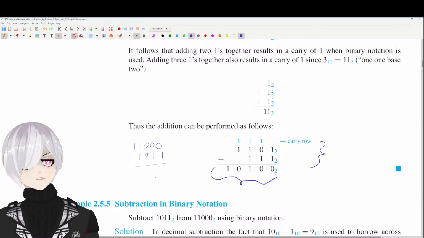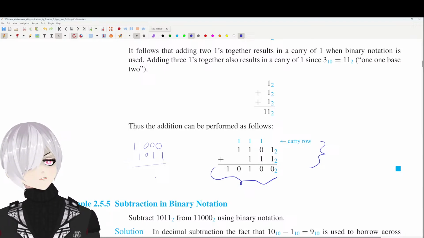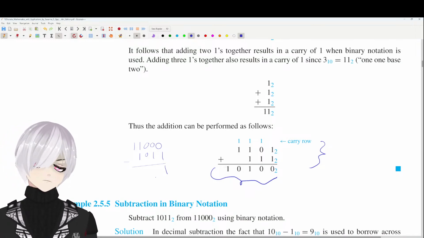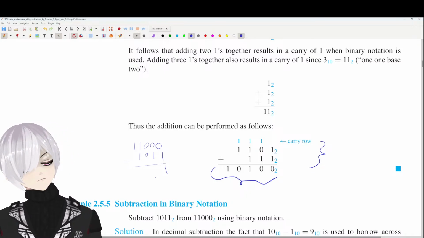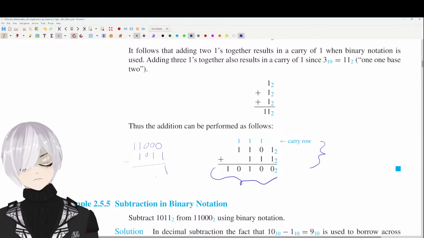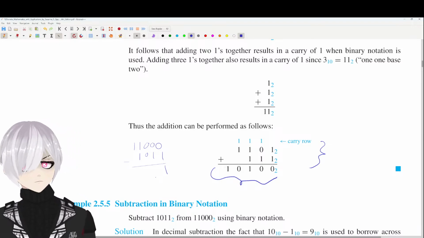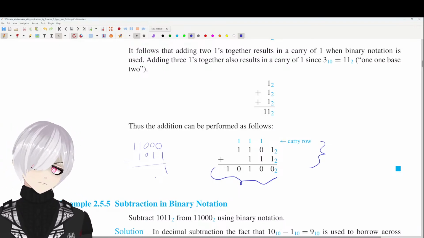I actually also had forgotten, so I looked at it, and it involves borrowing. If those were decimal numbers, then you'd have 0 - 1 and 0 - 1, and you can't have a negative. So you'd borrow a 1 from the 10 and turn it into a 9.